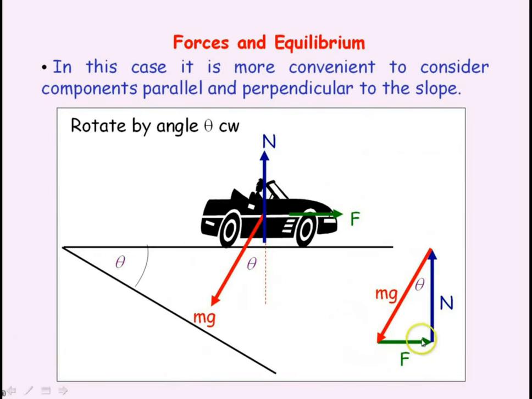So F is now acting horizontally, normal reaction is acting vertically, and our weight is acting at an angle of theta from the vertical. Then again, we can just use normal trigonometry to find N, to show it equals mg cos theta, and to find F, so that it equals mg sine theta.